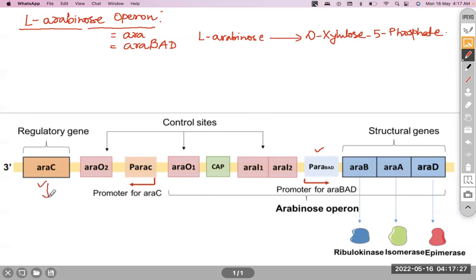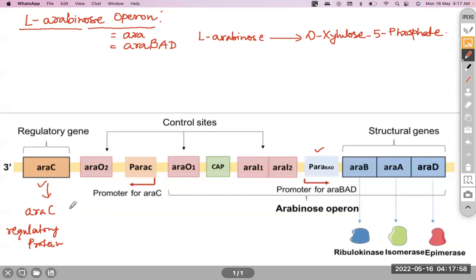The gene product's name is AraC, which is a regulatory protein. So this AraC is regulating the expression of these structural genes.